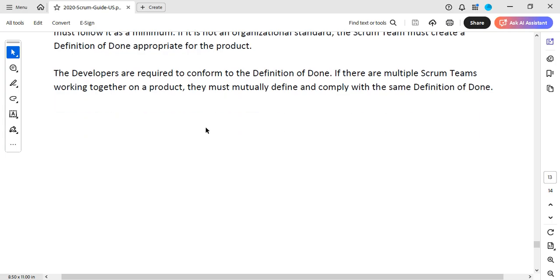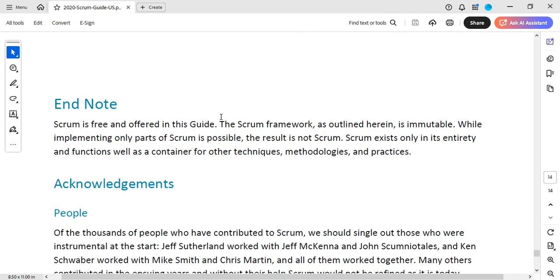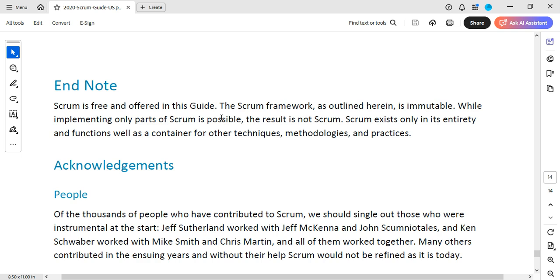The developers are required to conform to the definition of done. If multiple Scrum teams are working together on a product, they must mutually define and comply with the same definition of done. So maybe you can have multiple teams working from the same product backlog. You will have to share the same definition of done.